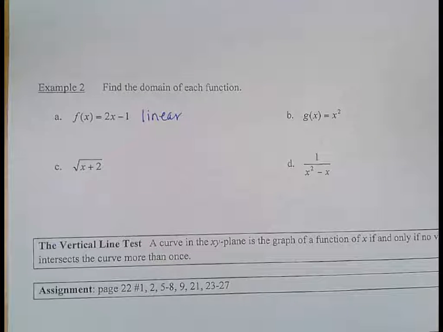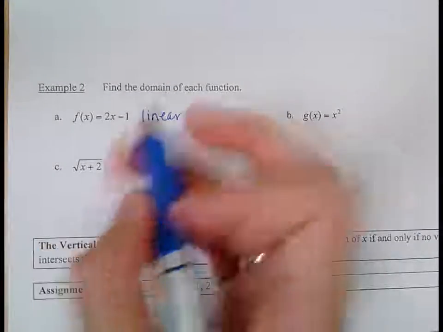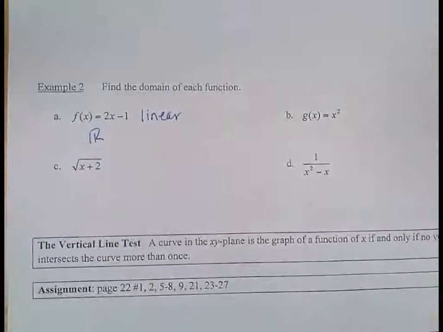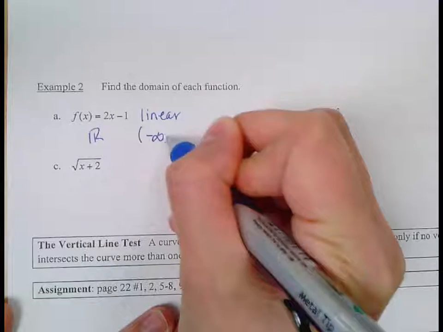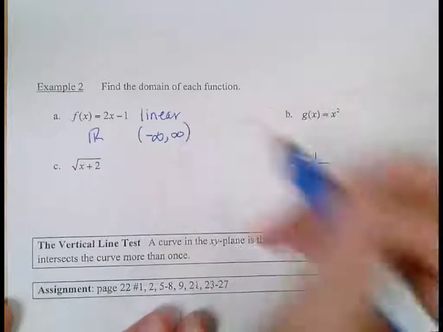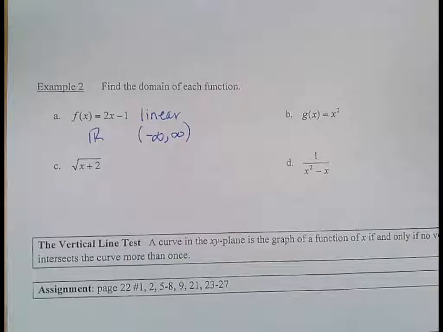Just knowing that is helpful, which is why we have this first chapter. And the domain of every linear function is all real numbers. So typically in the past you may have just written all real numbers as the domain. In interval notation you write that as negative to positive infinity. Infinity is always within parentheses, since infinity is an idea and not an actual value.